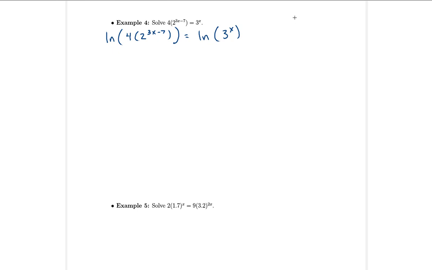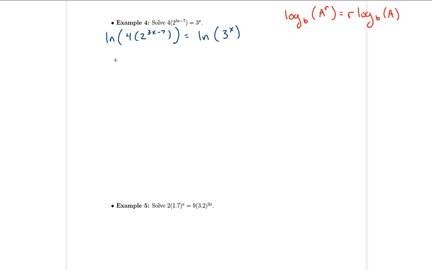So the power rule for logarithms that we've been using to solve these problems has been this, right? If you have something that looks like this, you can bring the exponent down in front, and that's what allowed us to untrap the variable from the exponent.